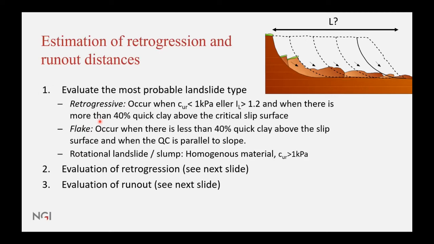We see that based on all the data that we have in our database, for retrogressive landslide the remolded strength is around 1 kPa, and you also have more than 40% of quick clay above a critical failure line. And then we do similar for flake, and for rotational landslide. Usually, the remolded strength is above 1 kPa.